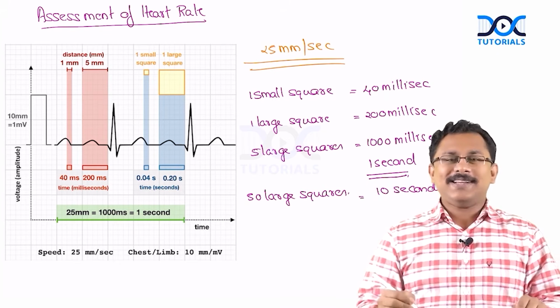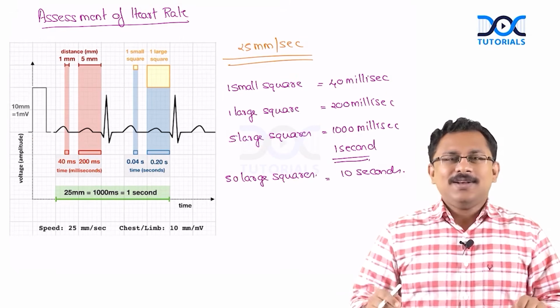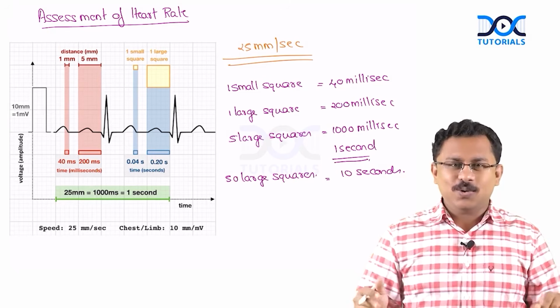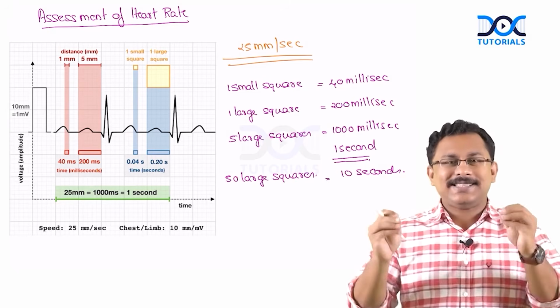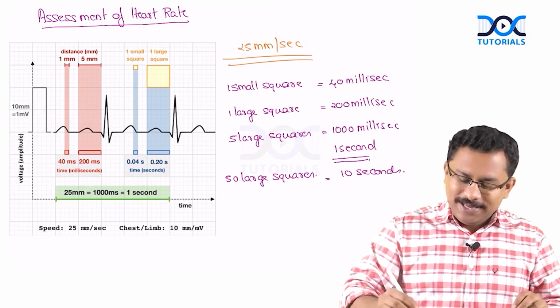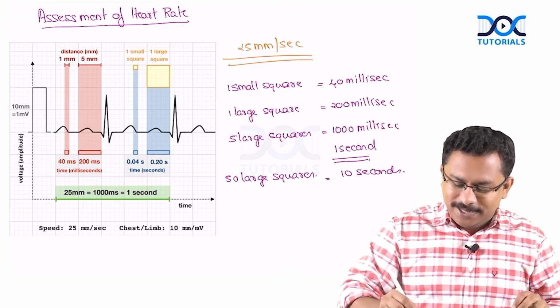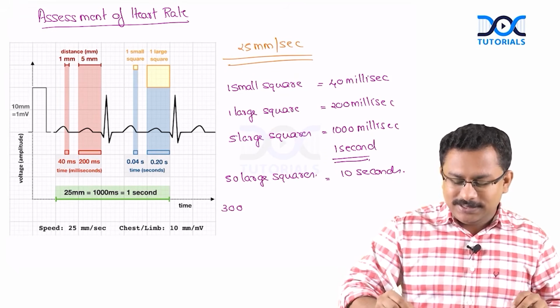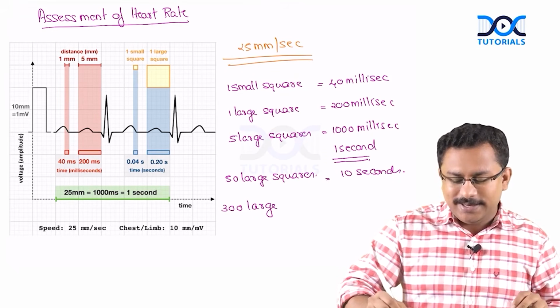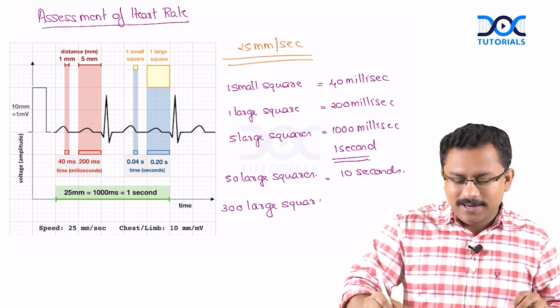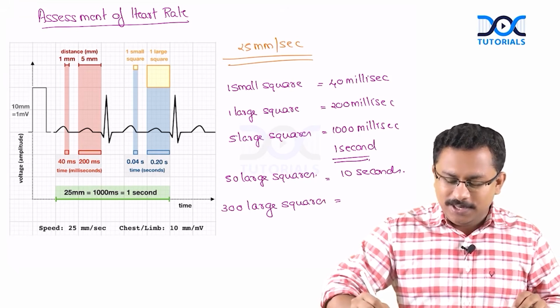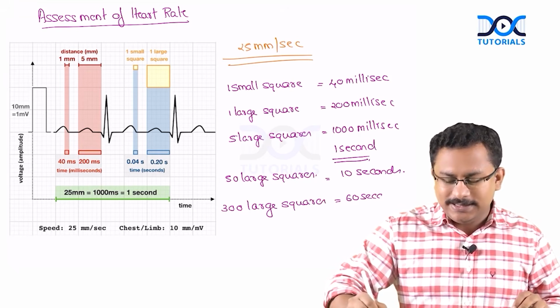If you take a whole minute, 60 seconds, multiply by 6, so 300 large squares correspond to 60 seconds or a minute.